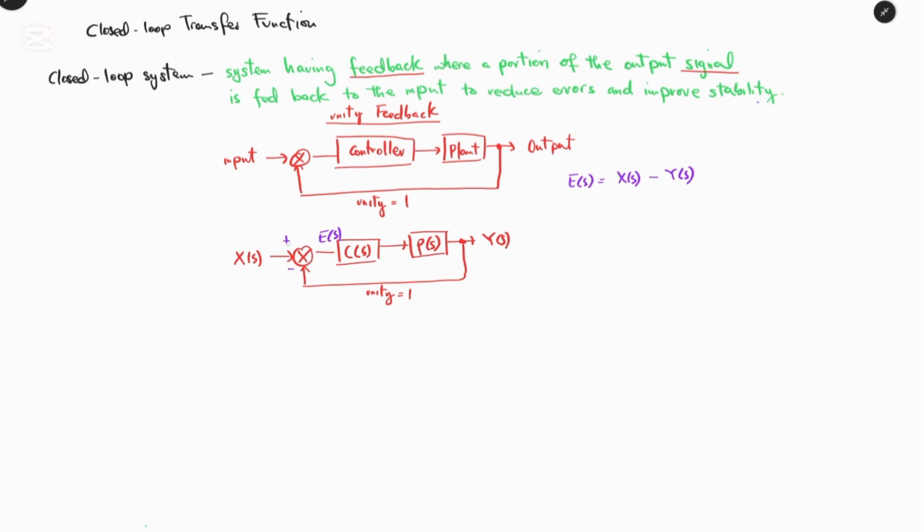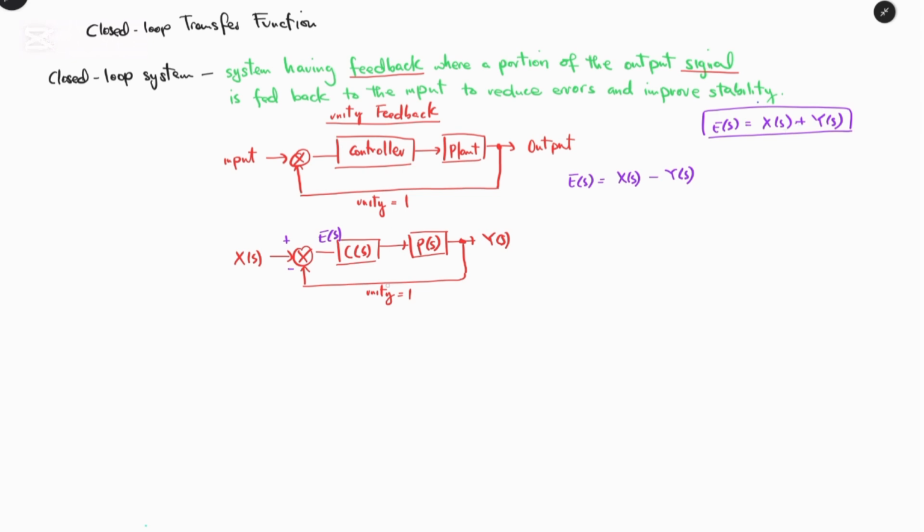And if we have both positive, we can have E of S equals X of S plus Y of S. So you can only change the sign with respect to the error signal.